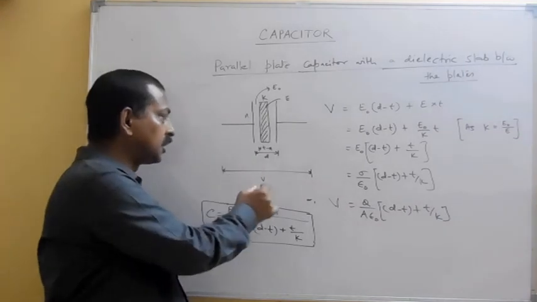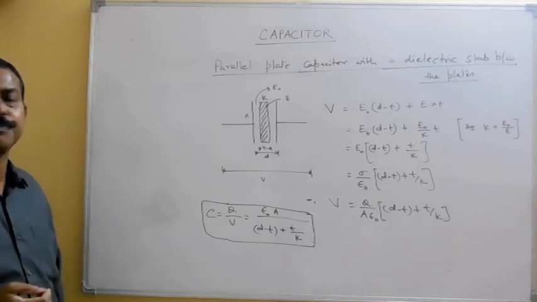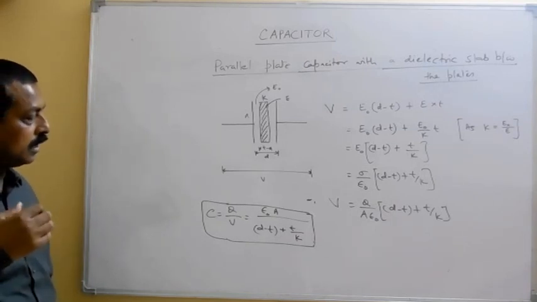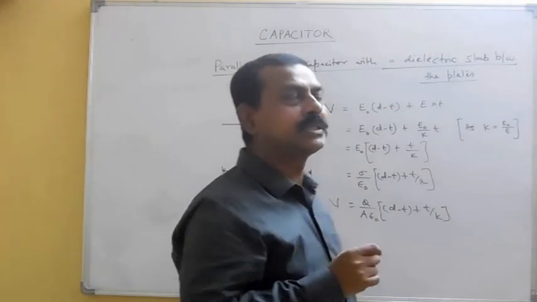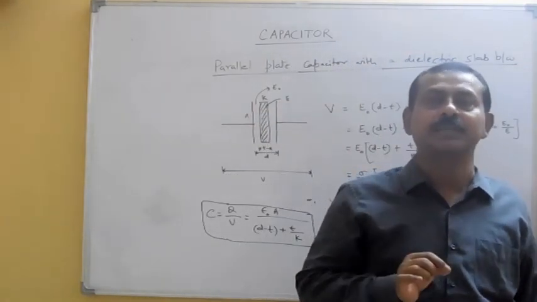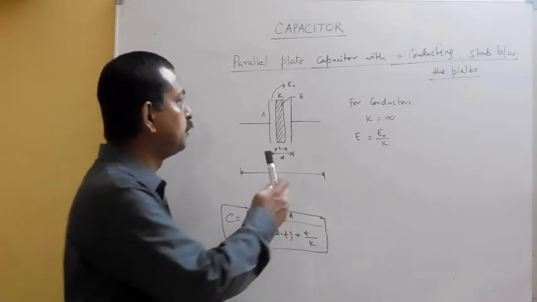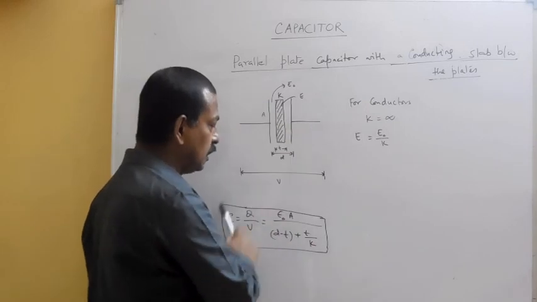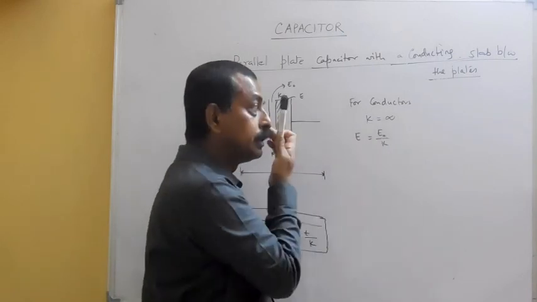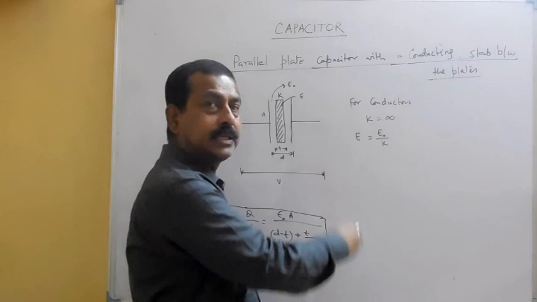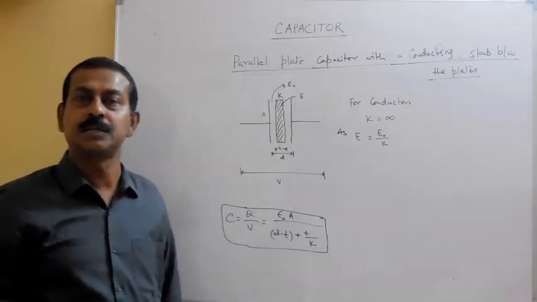Whatever be the slab thickness, or we can take this one for a very thin slab, or let's apply this one to another case when we replace the dielectric slab by a conducting slab. For a parallel plate capacitor with a conducting slab, we apply the same expression. For conductors, we know that the value of dielectric constant is infinity, because E is E naught by K, and the electric field inside a conductor is 0.